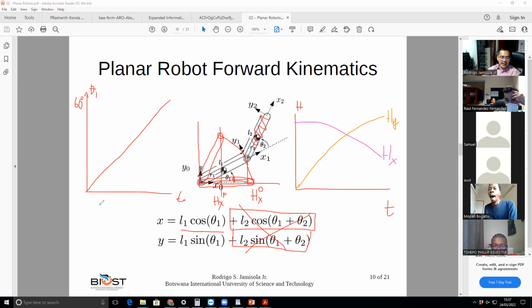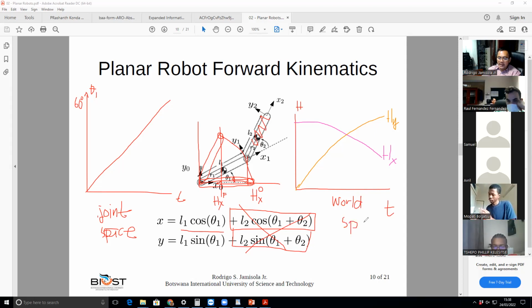So in this case, this is the joint space. This is the plot of the joint angle with respect to time. And in this case, this is the world space. What's the difference?